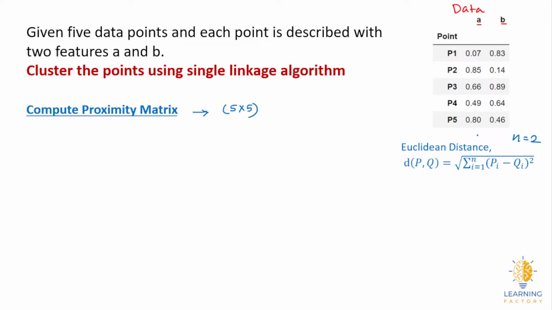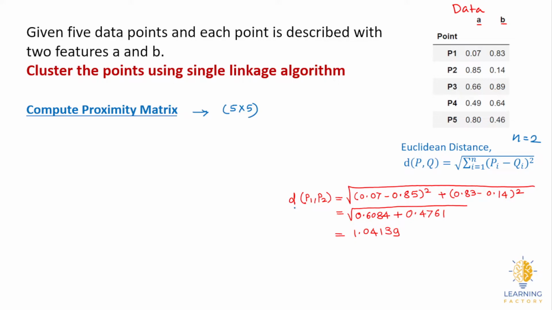Let us see one example of how we compute the Euclidean distance. If we would like to compute the Euclidean distance between point P1 and P2, P1 is described with two features A and B, and P2 is also described with two features A and B. We take the difference between the respective features of the two data points and square it. Then we sum these two squared differences and take the square root of the entire quantity.